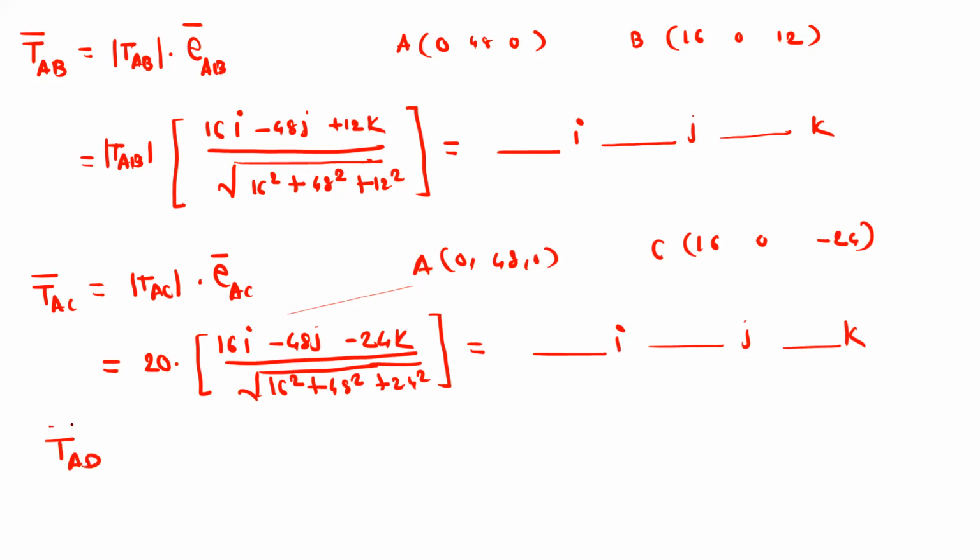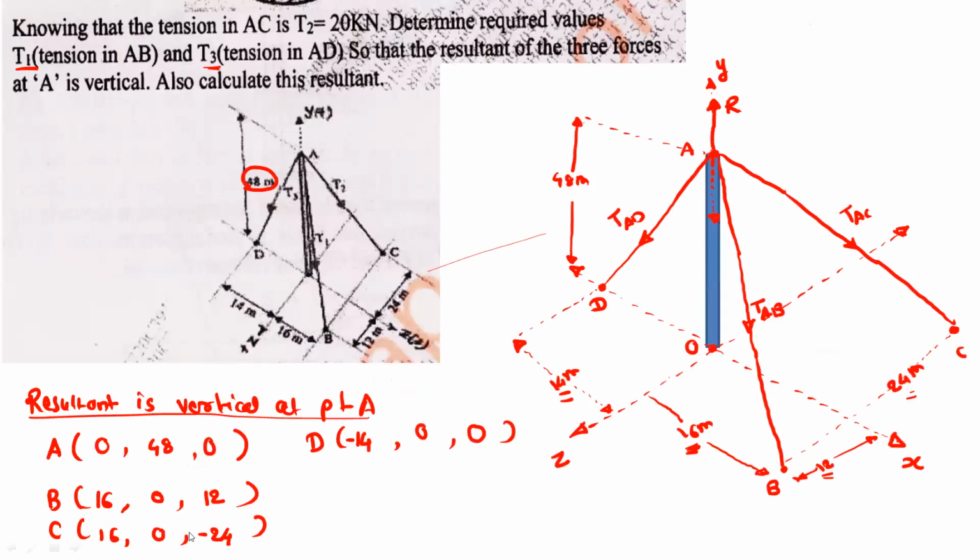The next vector is tension AD. It is the mod of tension into unit vector AD. Point D has coordinates minus 14, 0, 0.